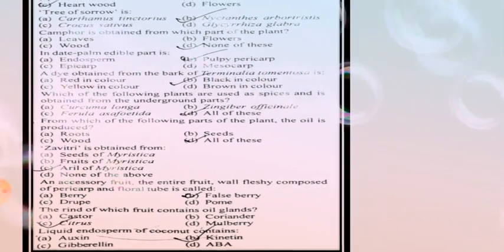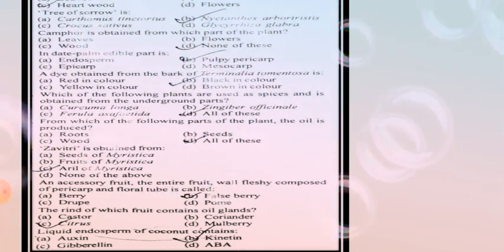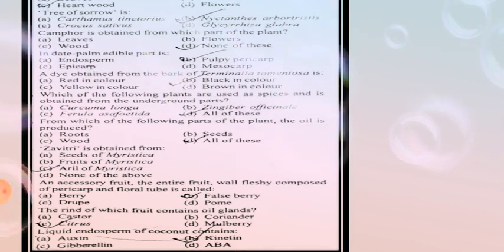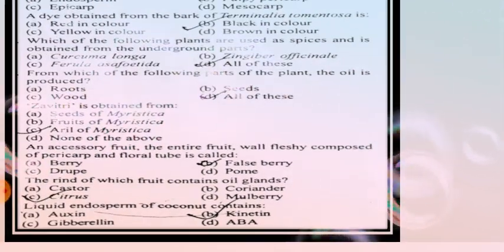Then Javitri is obtained from the seed of Myristica, fruit of Myristica, aril of Myristica, or none of the above. So these are the four options, and C, the aril of Myristica, is the correct answer.